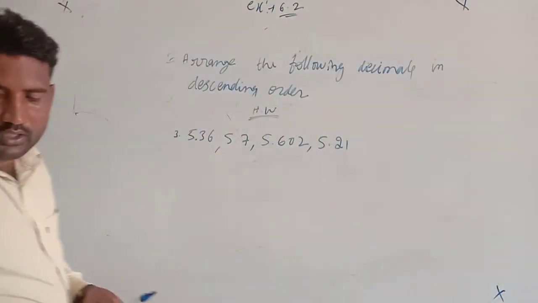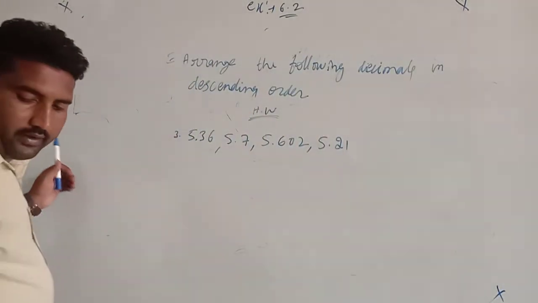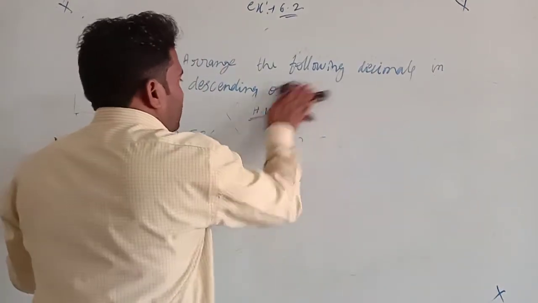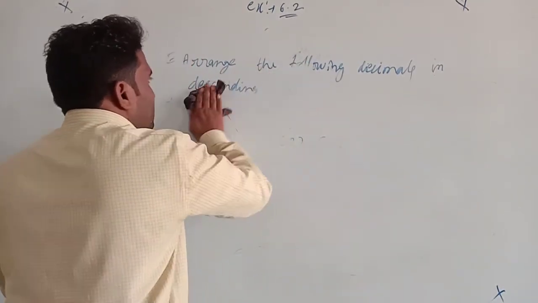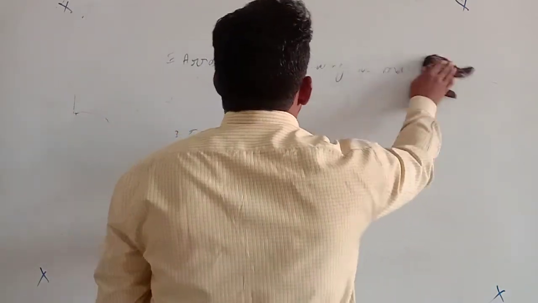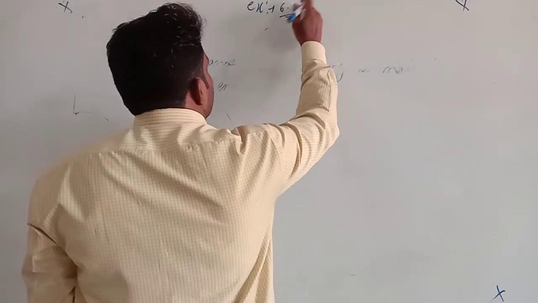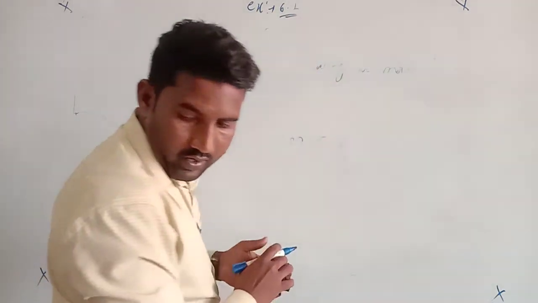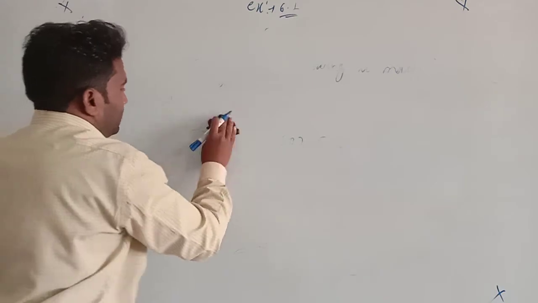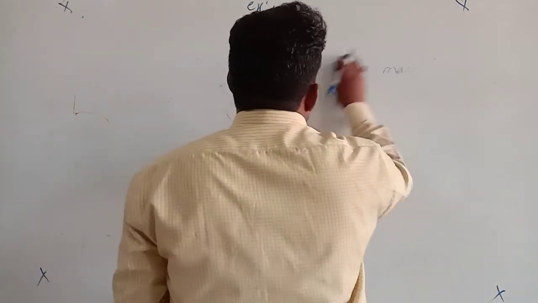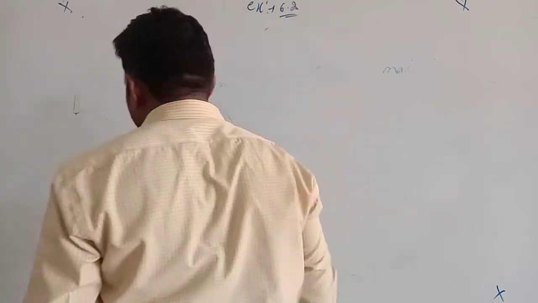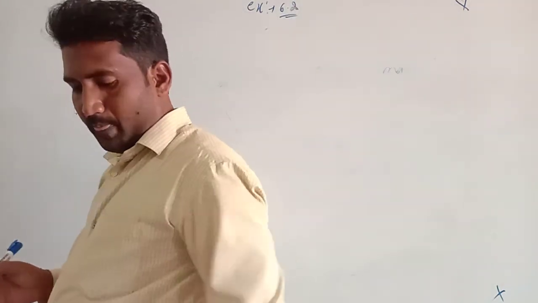We should arrange the columns and add the given decimals. Sorry, that was 6.1. Now it is exercise 6.2.